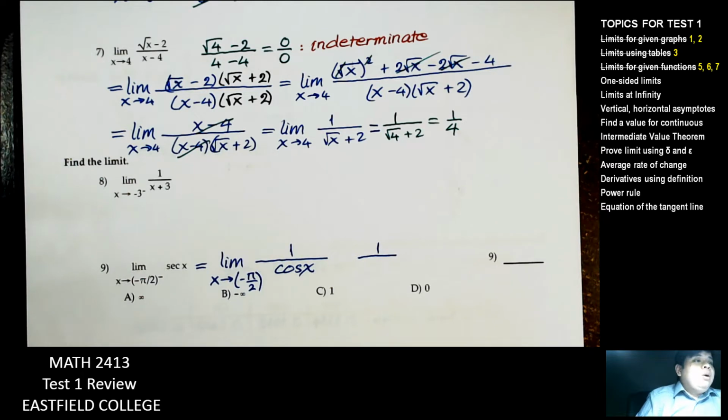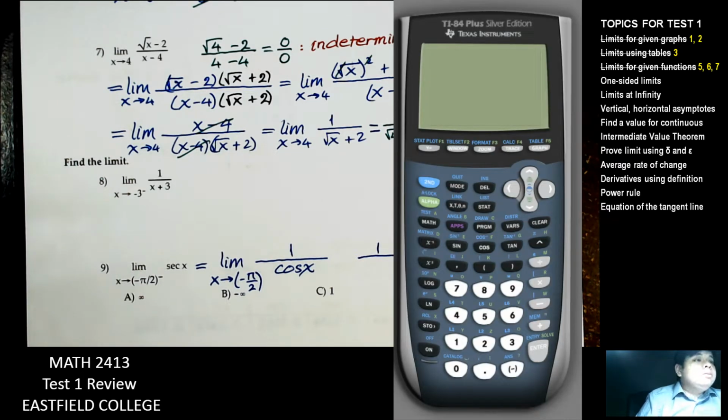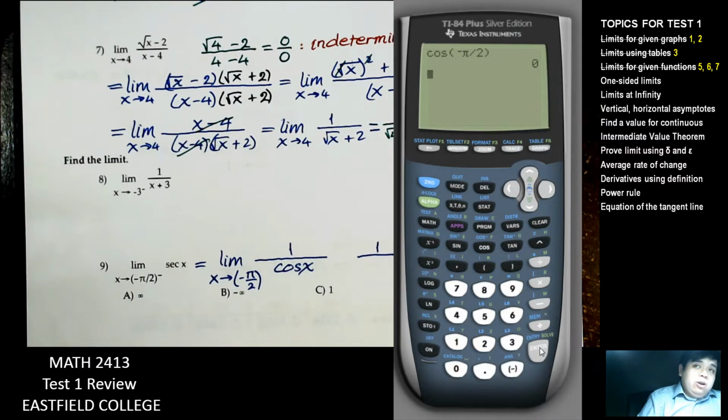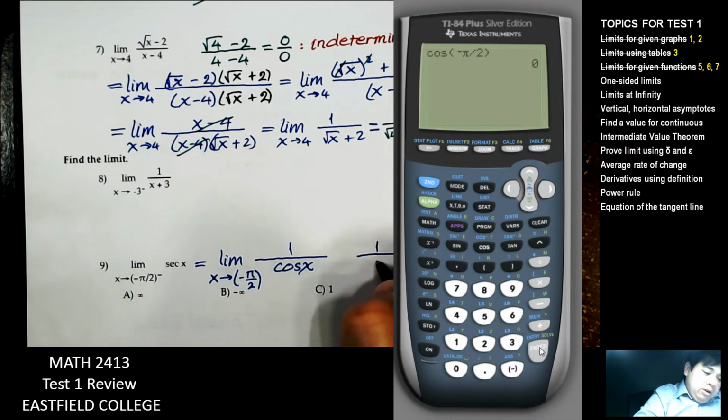If we use the calculator, make sure it is in the right mode. It's radian. So we have cosine of negative pi divided by 2, and we have 0. So we're going to divide by 0.